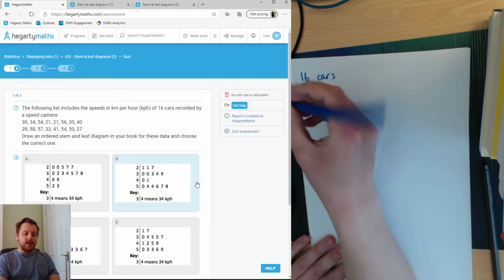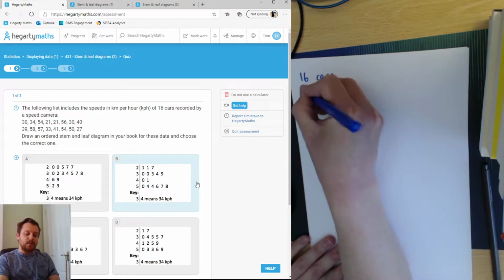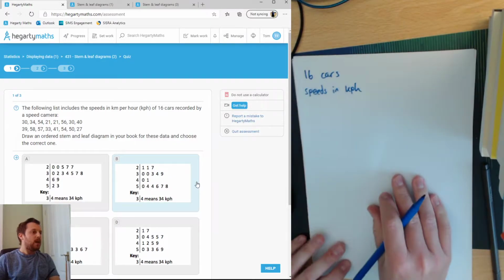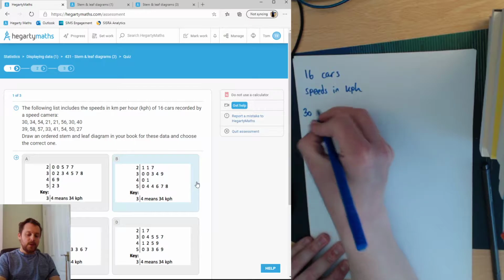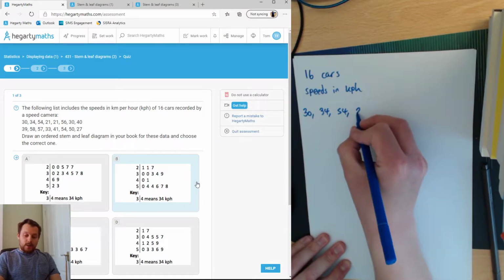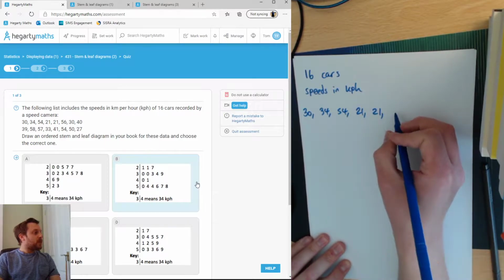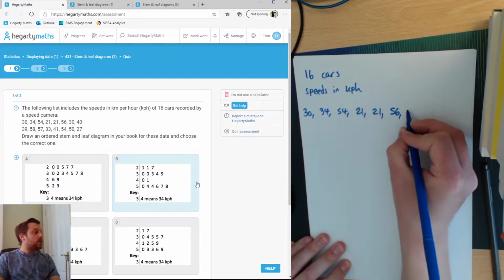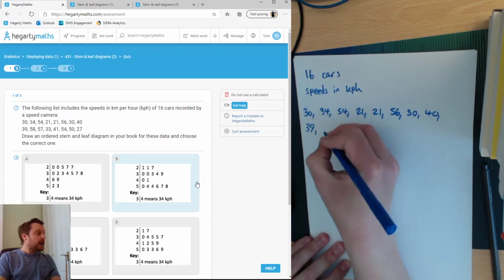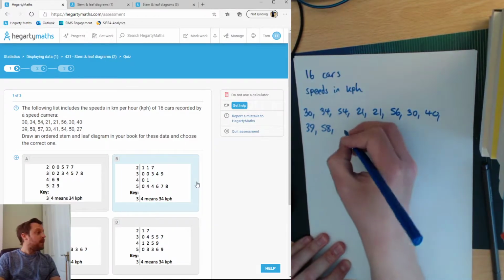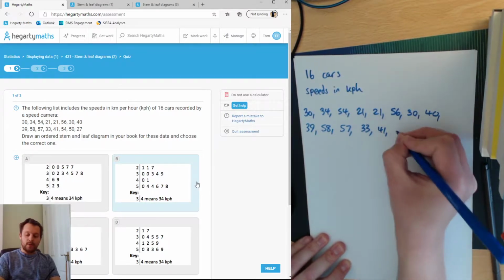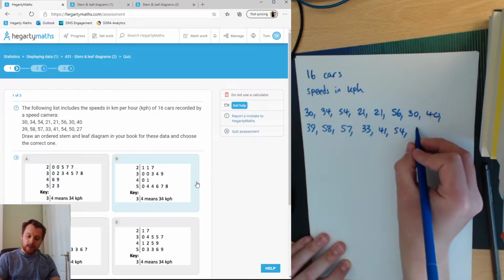So we've got 16 cars, and they were doing speeds in kilometers per hour, and here they are: 30, 34, 54, 21, 21, 56, 30, 40, 39, 58, 57, 33, 41, 54, 50, 27.